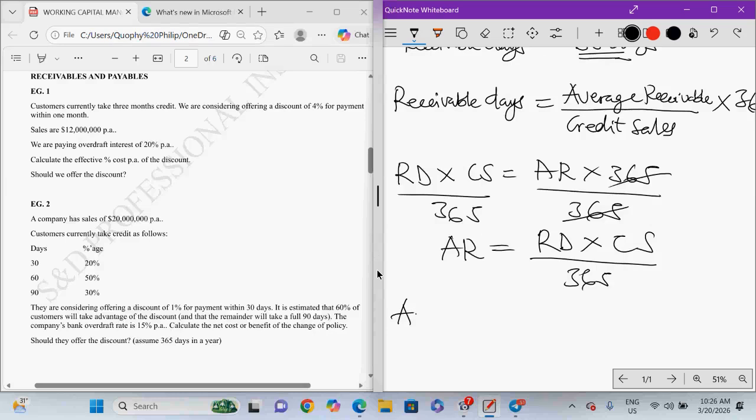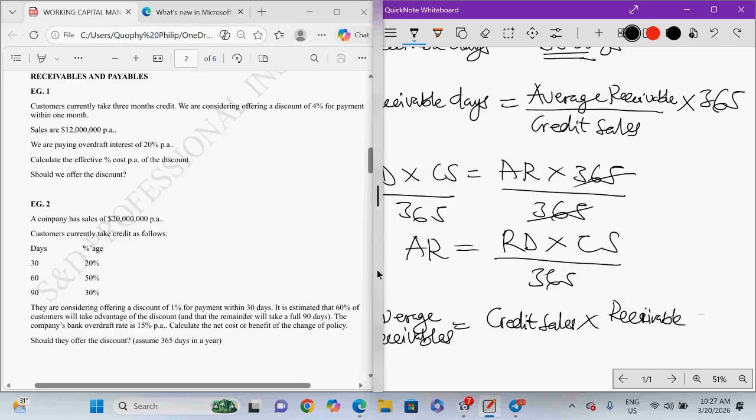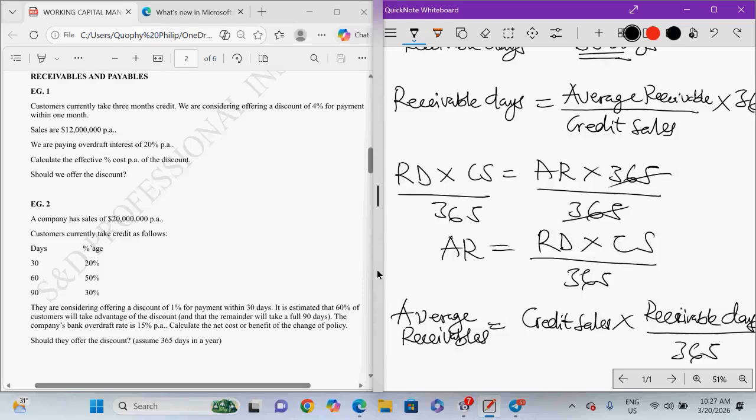So basically the average receivables, let me write it in full. Average receivables is equal to the credit sales times the receivable days over the 365, right?